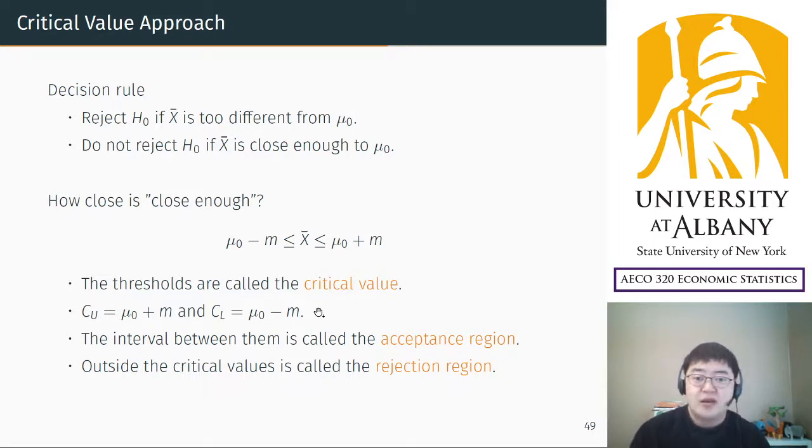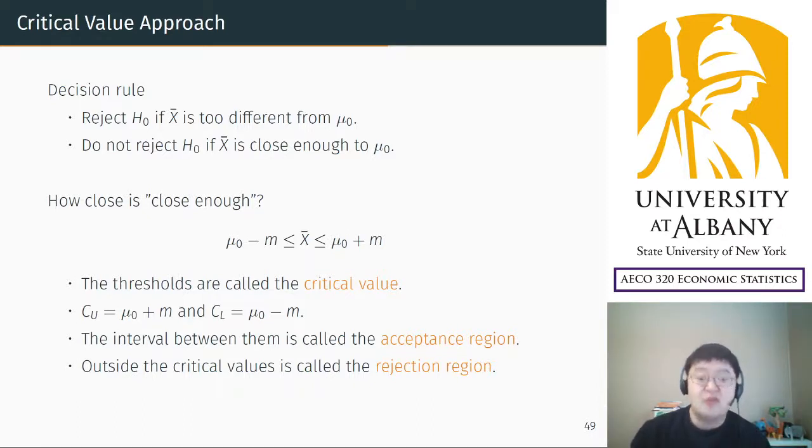The interval between the critical values is called the acceptance region, because if x bar falls between them, then H0 is not rejected, and often it is said H0 is accepted. On the other hand, the area outside the critical values is called the rejection region. If x bar is in the rejection region, H0 is rejected.